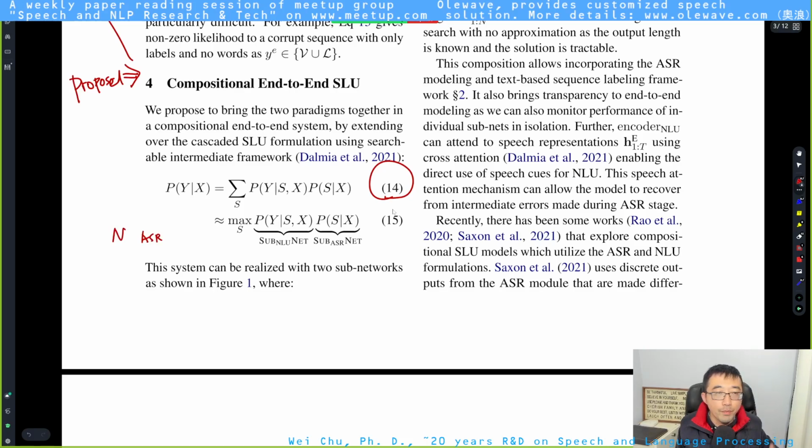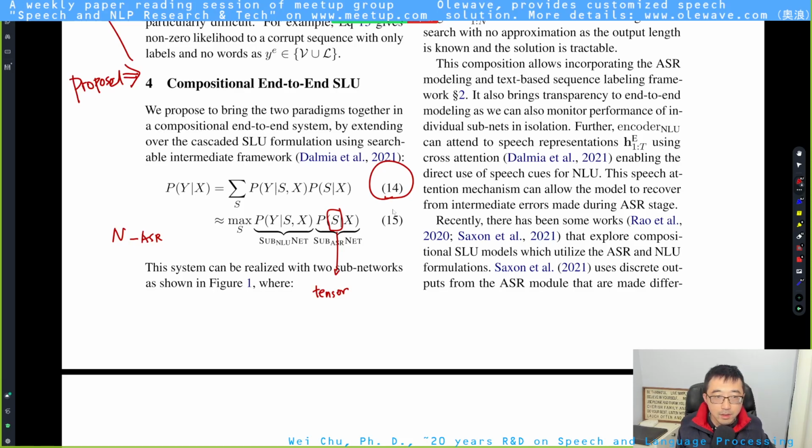I just need one. But I think what they meant about S here is not a one-dimensional transcript. S is actually a tensor. It can be a 2D tensor or even 3D or multiple dimensions, okay?